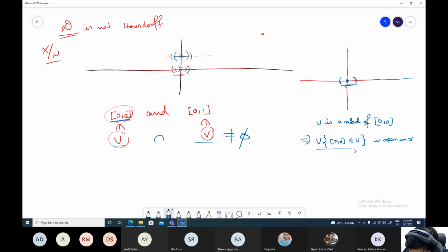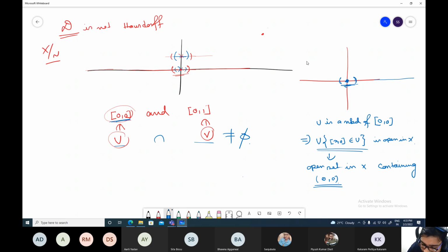Now we are taking (0, 0). Then this is an open set in X containing (0, 0), right?